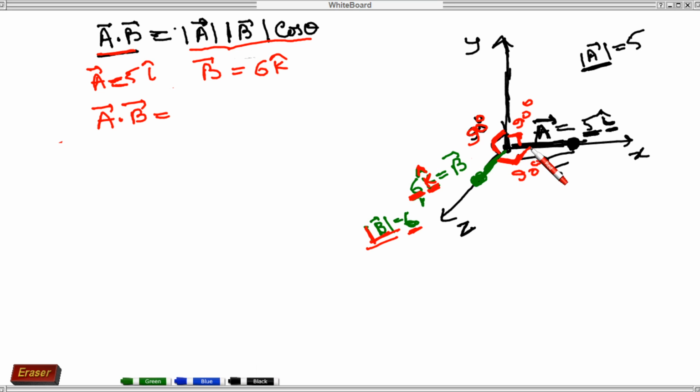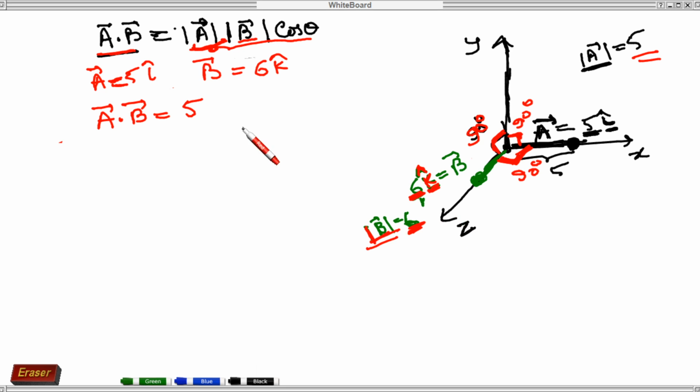You can see here that the angle between a and b is 90 degrees. So what will be the modulus of a? That is 5 here, so I'll be writing 5. And what is the modulus of b?